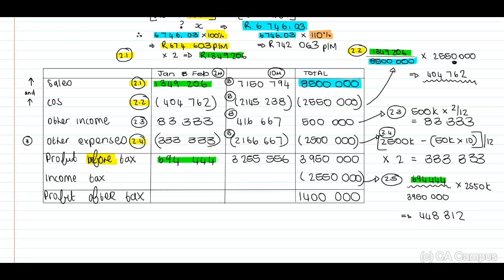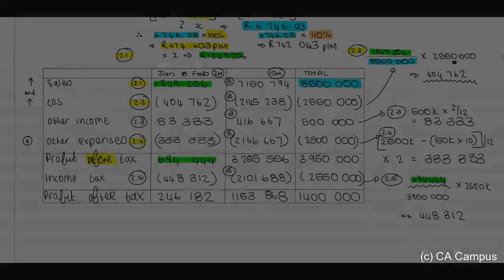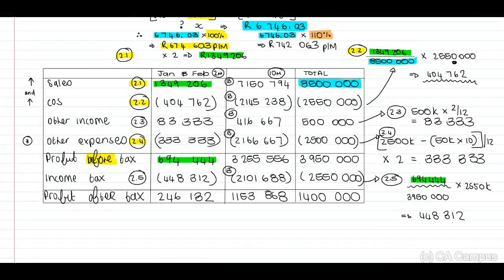Again, we can include this in our table. Again, indicate to your marker calculation 2.5 for your marker to be able to follow. And I have calculated the profit after tax amounts in terms of January and February and our 10 months.